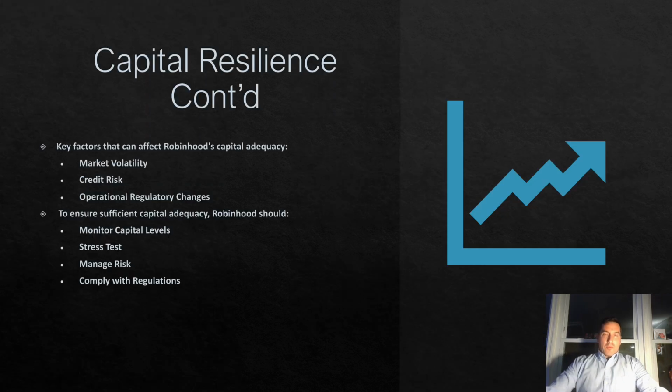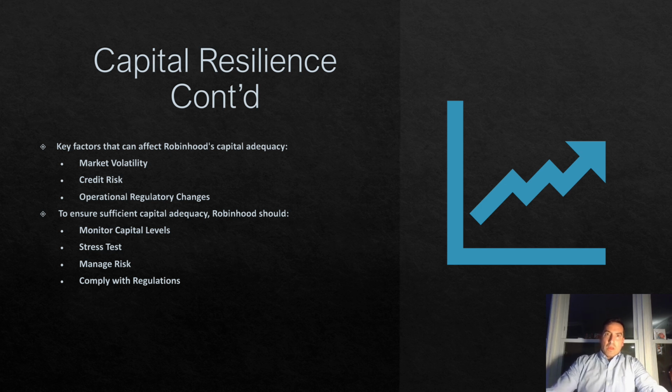Despite being well positioned with their capital, Robinhood as a brokerage faces key factors that can affect their capital adequacy. Market volatility and fluctuations in market prices can impact their bottom line, as losses on customer positions can reduce its capital base. There's credit risk as well. If Robinhood extends credit to customers, it is exposed to credit risk, which can impact its capital adequacy.